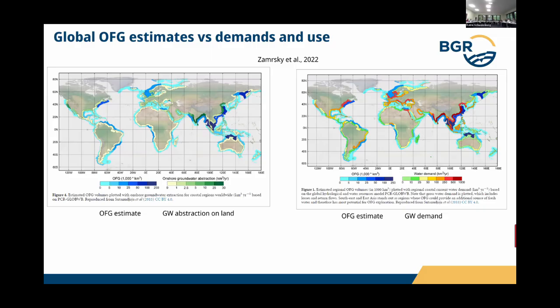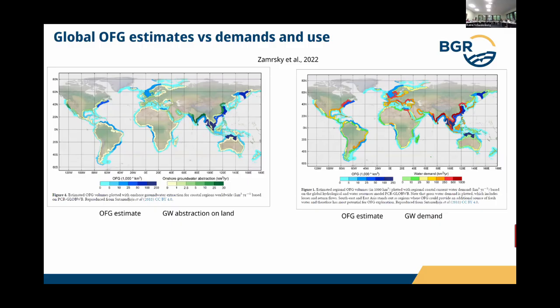Well, the left figure shows, you see 2 colors along the coastlines. The outer ones are calculated estimates of offshore fresh and groundwater estimates.